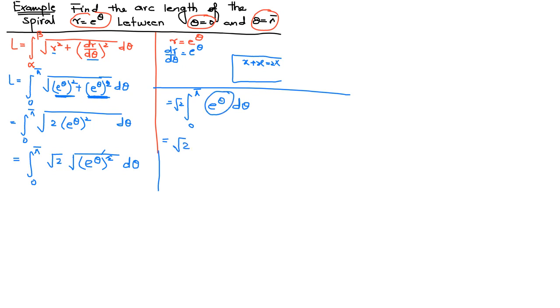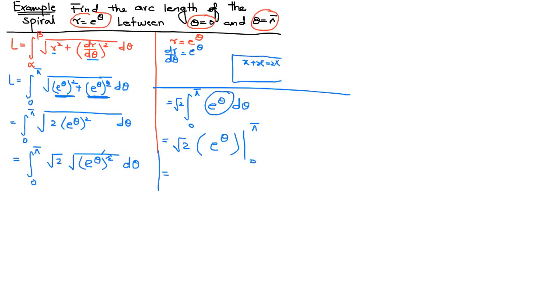What is the integration of e power theta? The integration of e power theta is the same, e power theta, and you have to put the limits 0 to pi.